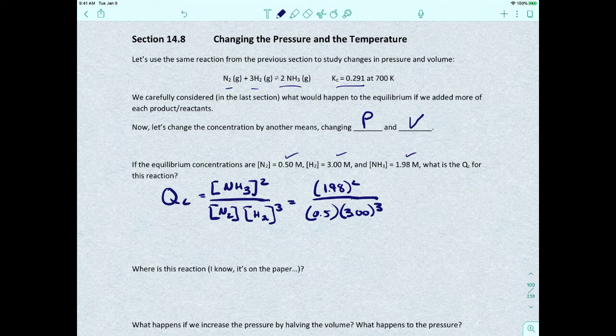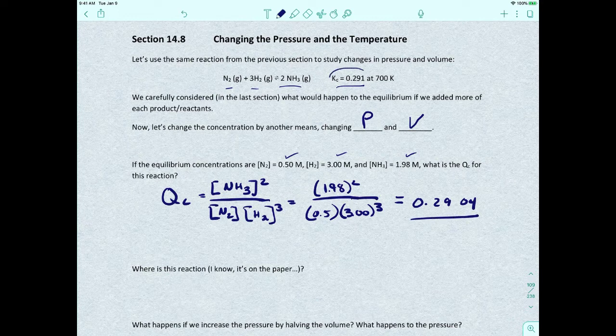Okay, so if I type these out real quick, 1.98 squared, 0.5 times 3 cubed, and then divide them, that should give us 0.2904. So that's our value.